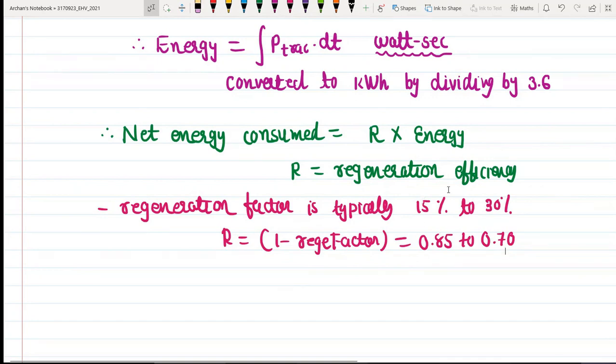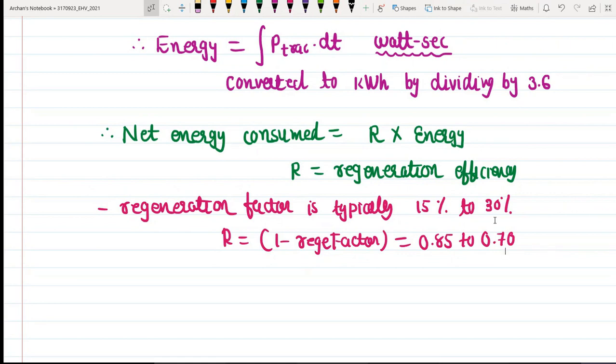Whenever we apply braking, the kinetic energy is converted into electrical energy and fed back to the source, which is the battery in our case, and we will use this energy to charge the battery again, or we will supply that energy to different auxiliaries of the electric vehicle, right? So we are using this regenerated energy, and this is the reason why the actual energy consumed will be less than the energy consumed by the battery.